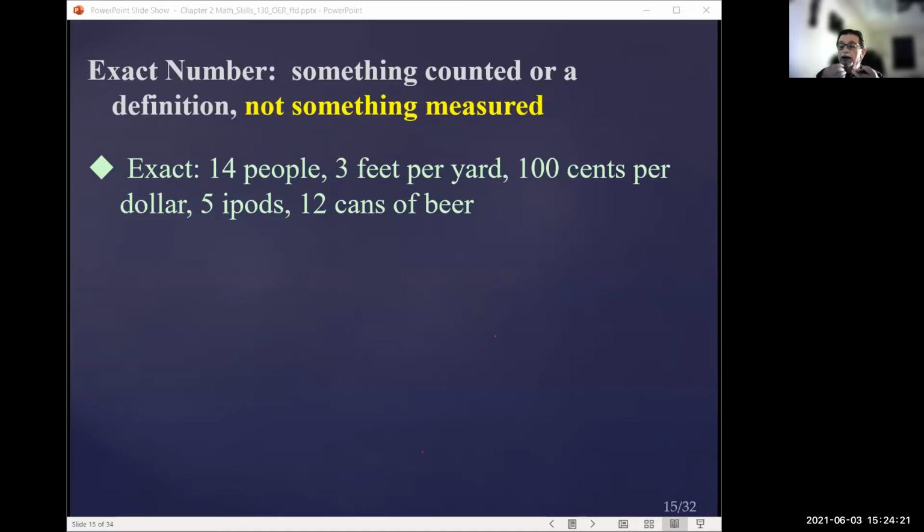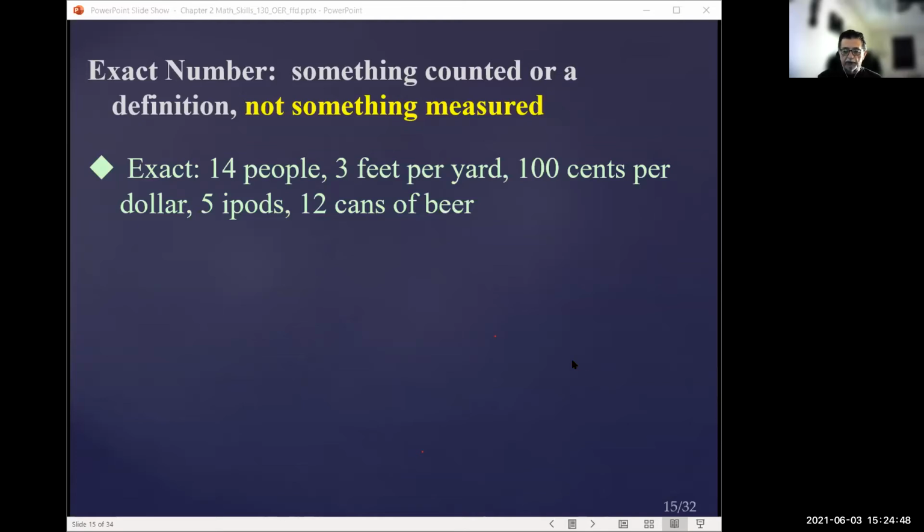And that is why the atomic weights are not utilized to determine sig figs in your calculations. Treat it as an exact number. Think of it as an exact number, even though it's a decimal number. But remember, they come from averages of whole numbers. So atomic weights are not used in determining sig figs.